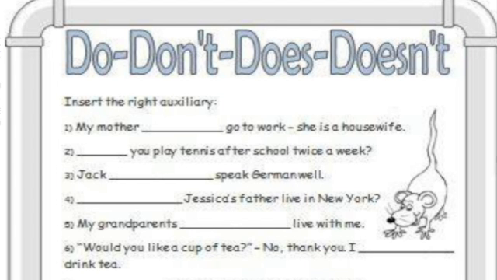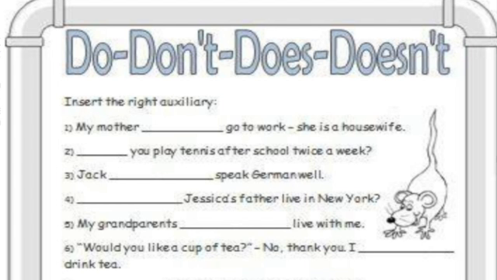Since it's a she, it goes with does, because she is the rebel of the grammar. So if she's a housewife and doesn't go to an office or a school, that means it's negative. My mother doesn't go to work.